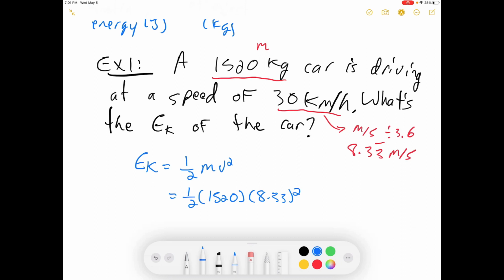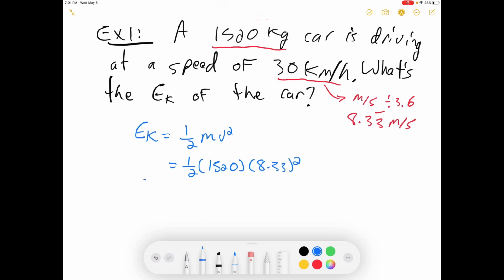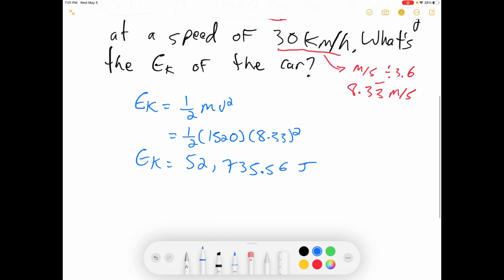You get a large value, and it's normal because it's a car. We get a car that has about 52,735.56 joules.